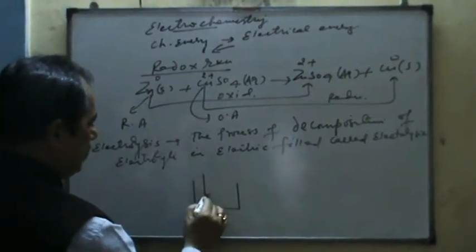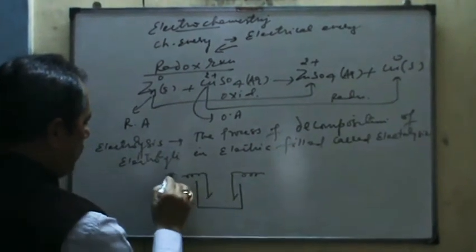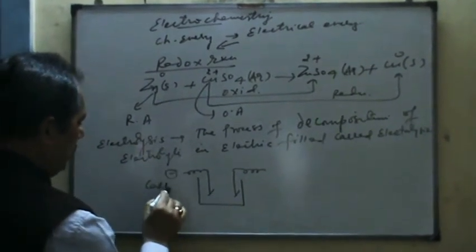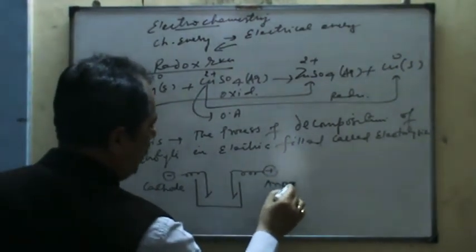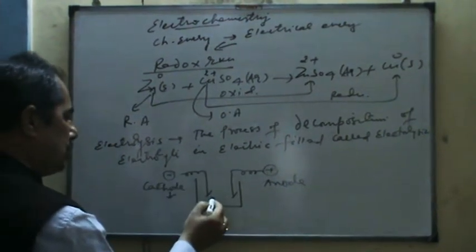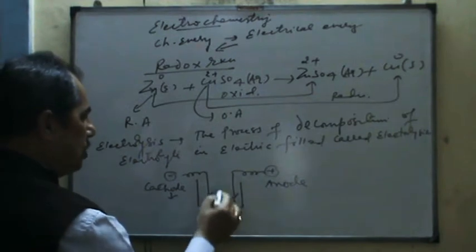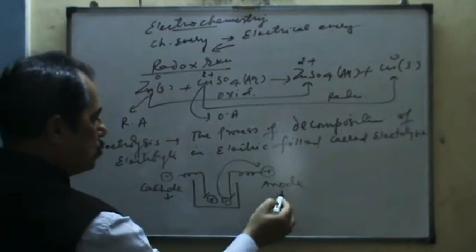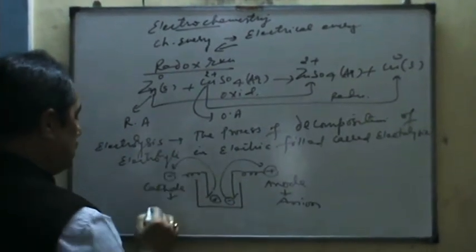See, in this process you take 2 electrodes. The negative pole is the cathode and the positive pole is what? Anode. So at the cathode, the positive part is going to be deposited, and at the anode, the negative part is going to be deposited. The negative part is called anion and the positive part is called what?